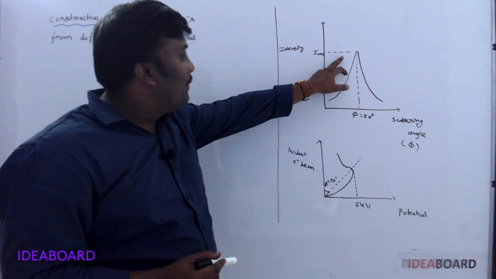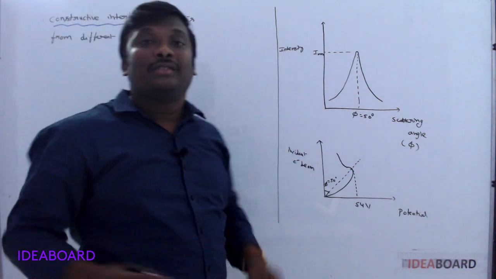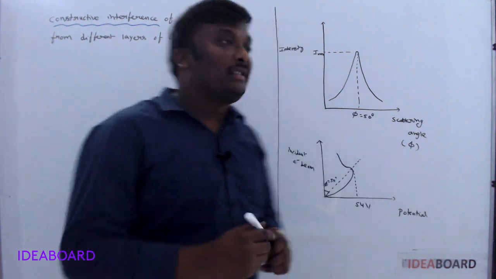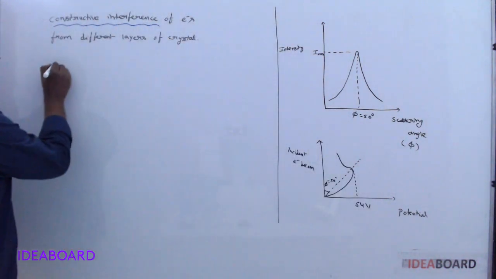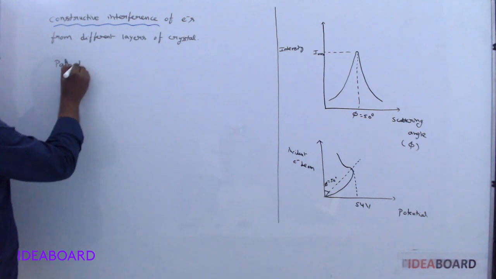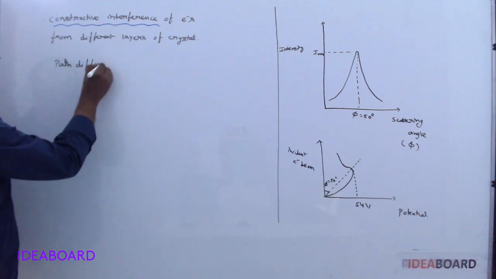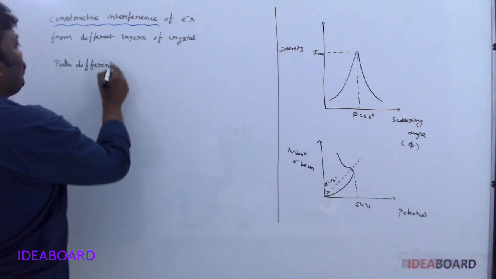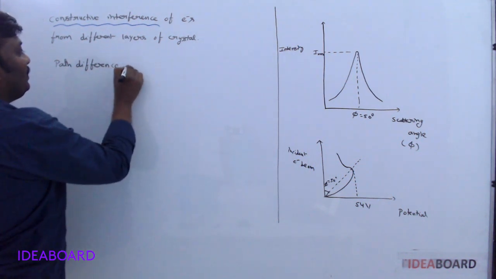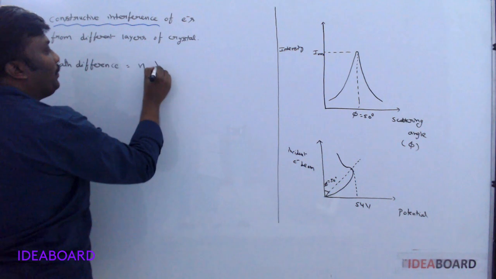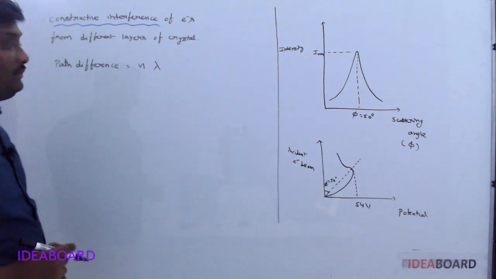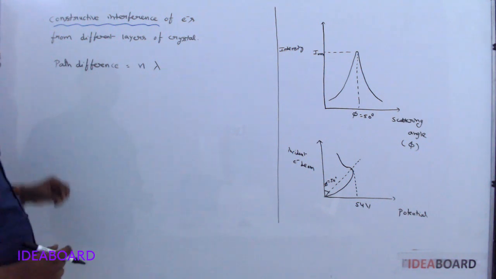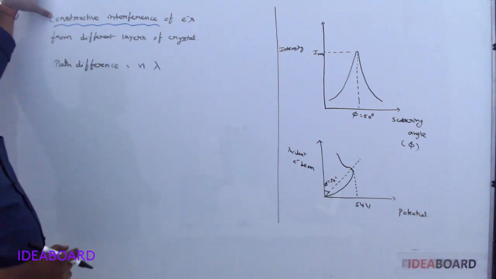Here we got maximum intensity, hence we call it constructive interference. For constructive interference, the path difference between two rays should be equal to an integral multiple of the wavelength. Path difference is equal to n lambda. Okay, this is for constructive interference.